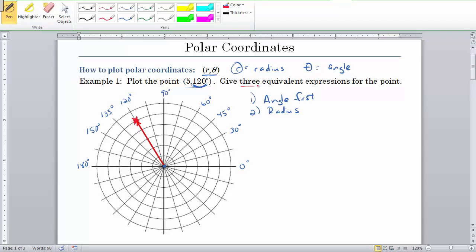Now I want 3 equivalent expressions for that point. Again, with a little magic, you should take that arrow that you've drawn and extend it in a straight line. Then we're going to label some things. So this is 120 degrees, but what is this angle?